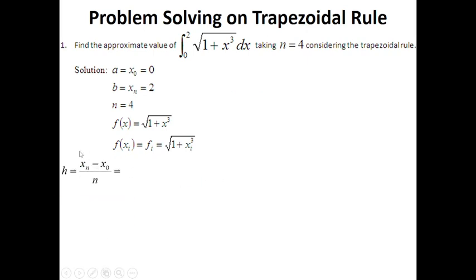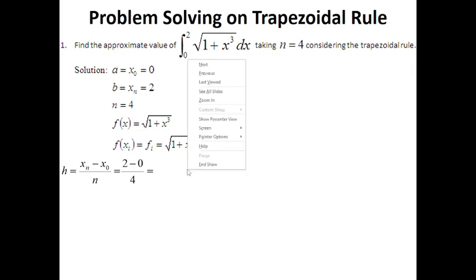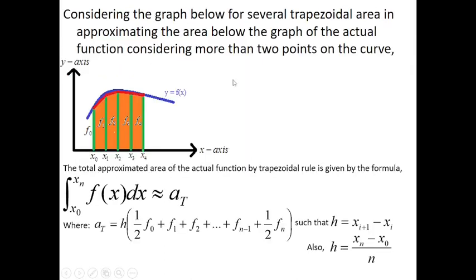Now in finding h, use the formula for h: x sub n minus x sub 0 over n. In that case, that is 2 minus 0 all over 4. If we analyze the previous slide, this is h, right? So we have 4h.